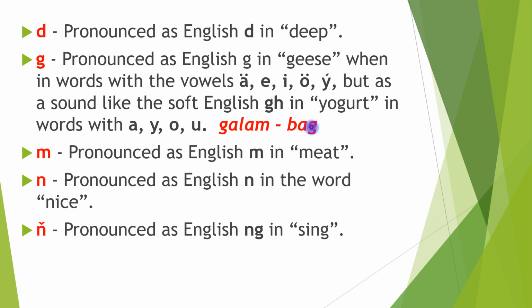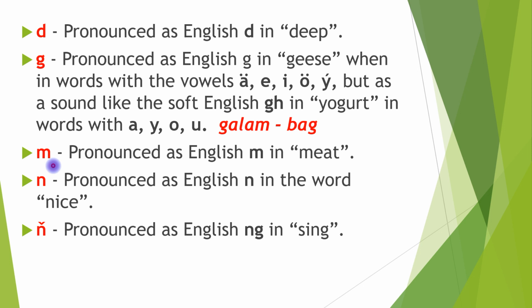But if we have G as the last letter, at the end of the word, we do not read it as a G in bag. No, it's not bag. We say bagr. So it's an r. Galam, bagr. I hope you can see the difference. Galam, bagr. Okay.